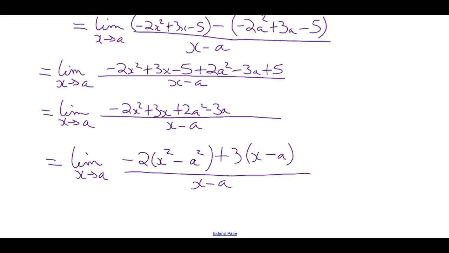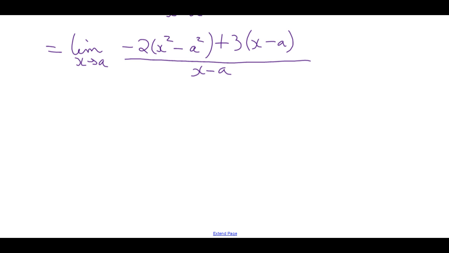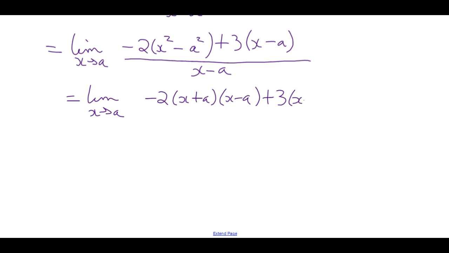Where do you want to go from there? Keep going. This looks like a difference of squares, right? Good.